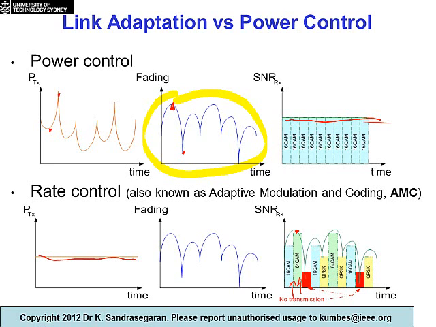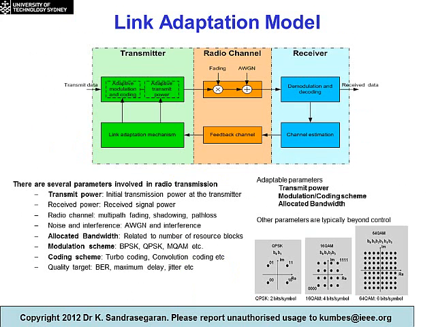So essentially what we're doing is adapting the modulation and coding during the transmission process on the downlink in LTE. If you look at a block diagram of a transmitter and a receiver, whenever you transmit a signal, you have fading and additive white Gaussian noise being added, and it arrives at the receiver.